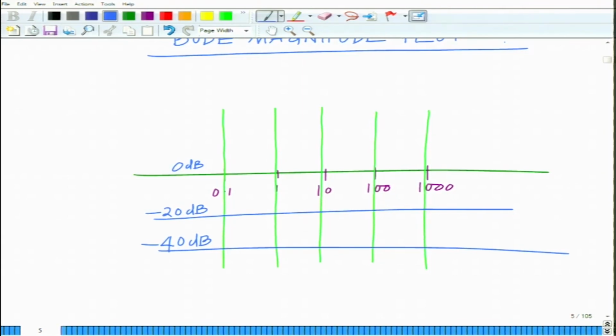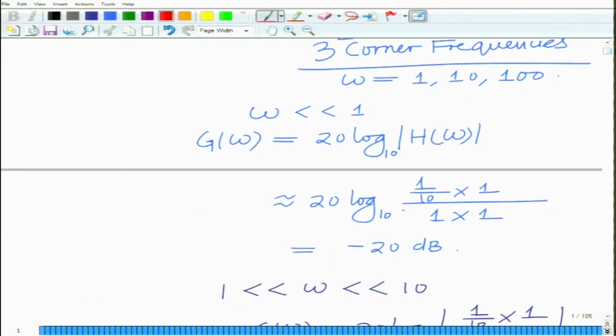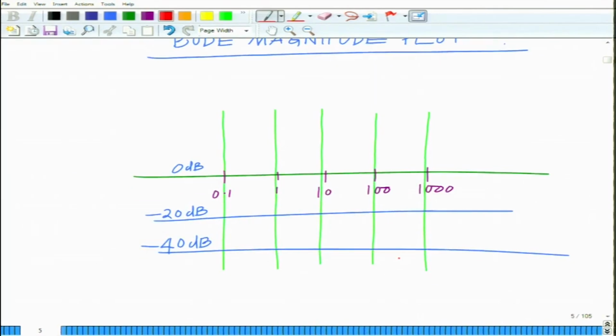as we have derived previously, when omega is significantly small, this would be minus 20 dB. So, for omega much smaller than 1, you can see this is the region that we are talking about, and this is minus 20 dB. So, it would look something like this.